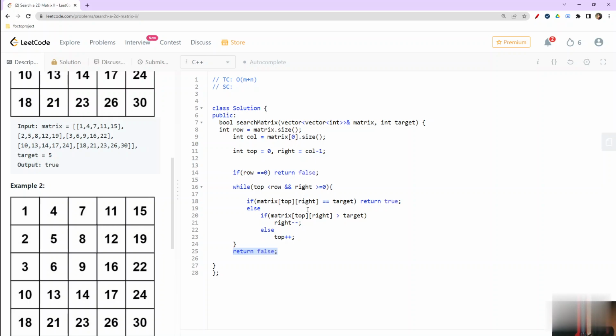Now comes the part of time complexity. Because of this loop, we are able to figure out in a particular row how many columns we are able to traverse, and that's why we are able to figure out the answer, right? We are using a single loop only, in which our condition is in that manner, so that its time complexity becomes m plus n.